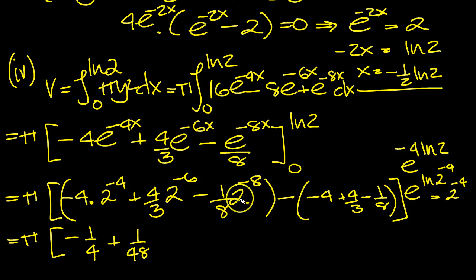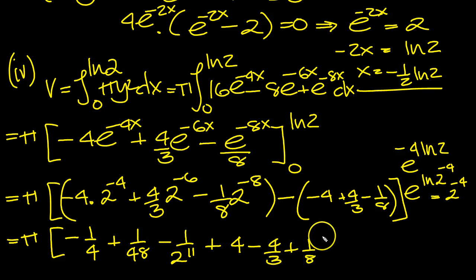And this one, this is 2 to the 8 times the 2 cubed is minus 1 over 2 to the 11. Which is quite large. So those three, there's no multiplication outside, so I can just write those three terms. Minus and a minus is a plus, that's 4. Then it's minus 4/3 plus 1 over 8. Okay, that's what we've got then.